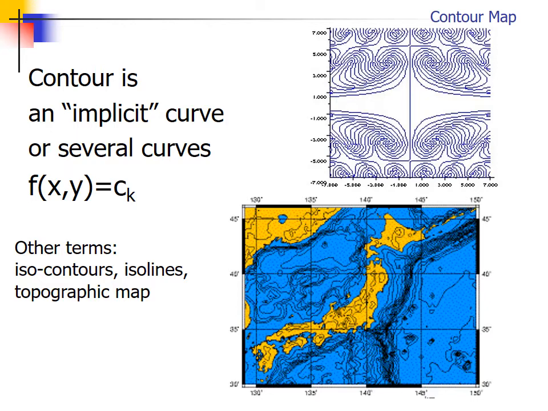In other words, contour is an implicit curve or several curves. So we can say that the curve joins points of equal value. A contour line has other terms: contour, isoline or isocontour. A contour map is a set of contour lines. Examples of a contour map can be a topographic map or a two-dimensional contour graph of a three-dimensional surface.